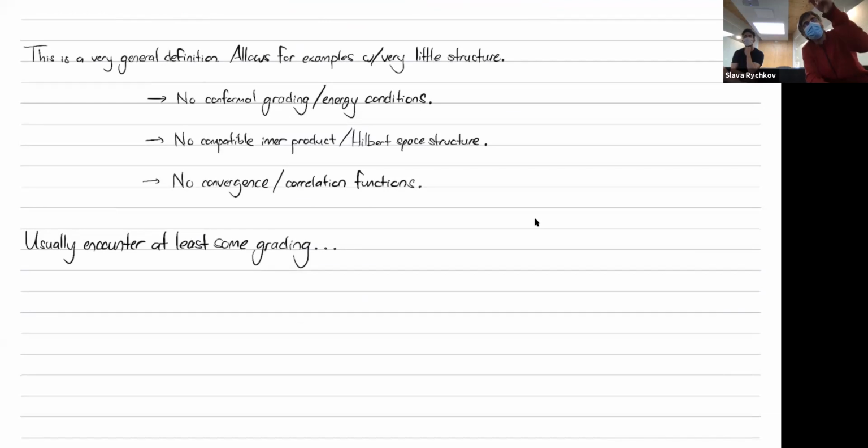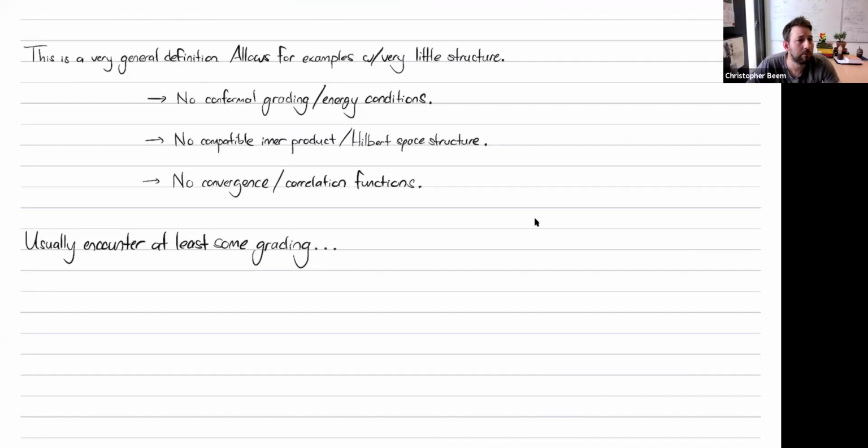I have a question about the last point, about no correlation functions. Suppose I want to define a 2-point function of two Y's. Then if I use this locality axiom, there is some power series in which these two are expanded, which involves some powers of 1 over z minus w.